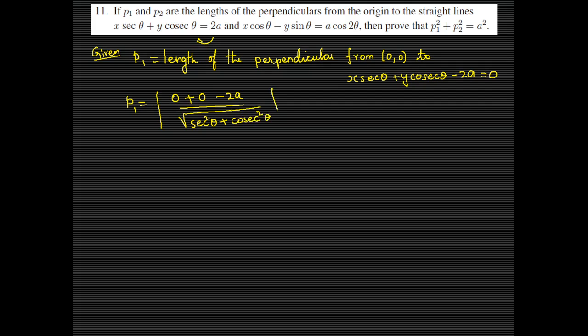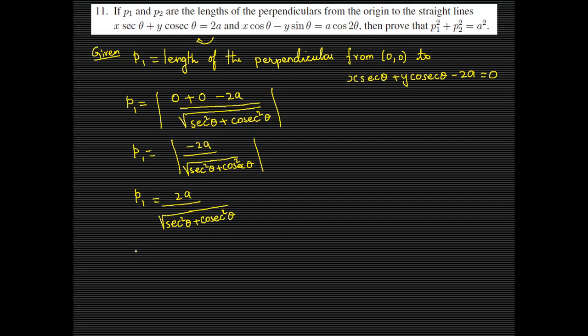So P1 is equal to modulus of minus 2a divided by square root of secant square theta plus cosecant square theta. Now we'll remove that modulus. Since we are having a minus, P1 is equal to 2a divided by square root of secant square theta plus cosecant square theta.